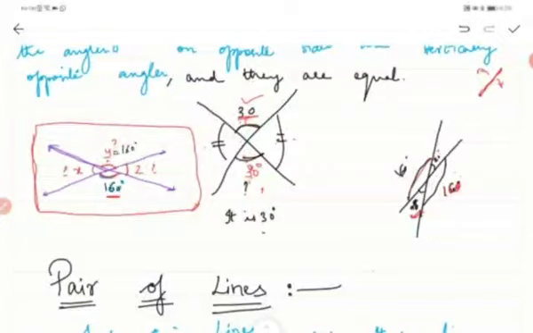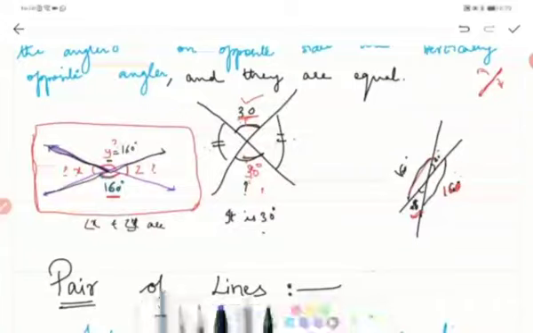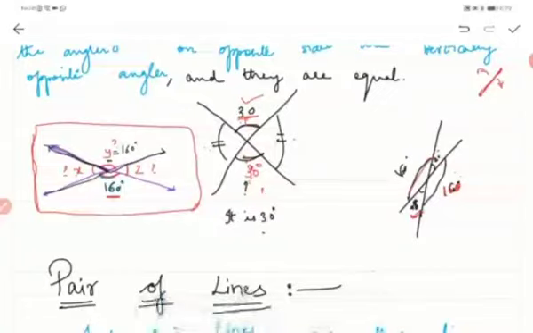Now what about x and z? How will you find them? We know y. Angle x and angle y are adjacent angles, isn't it? So now you can form a linear pair.